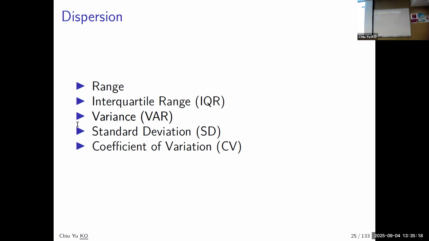And SD, standard deviation, will be the one that we use in the second half of the class very often. Later you will see this is just a scaled version of the SD. And these two are kind of raw measures, based on the data.